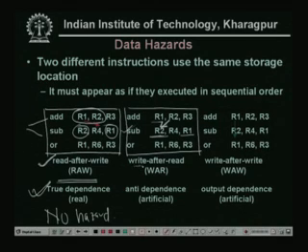So this is a write after read, and this is anti dependence. So this is artificial.